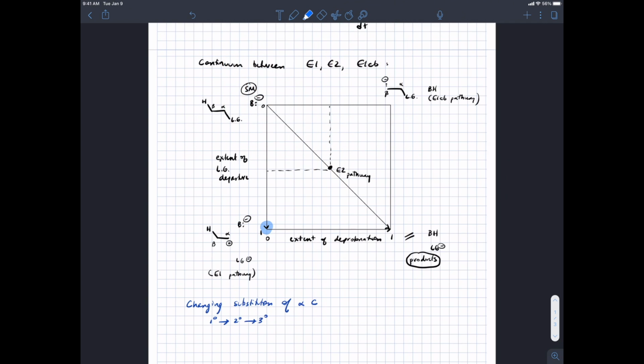And to indicate that by changing the substitution of the alpha carbon, we're taking this corner of our plot and lowering it in energy. What would increasing substitution do to the products? Any ideas?